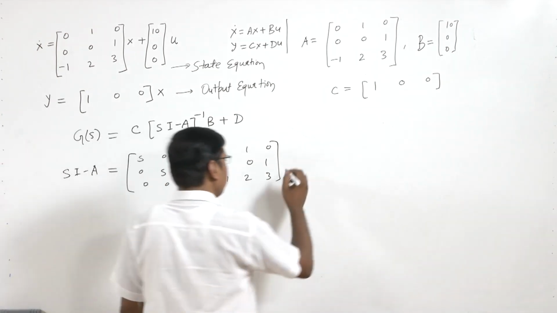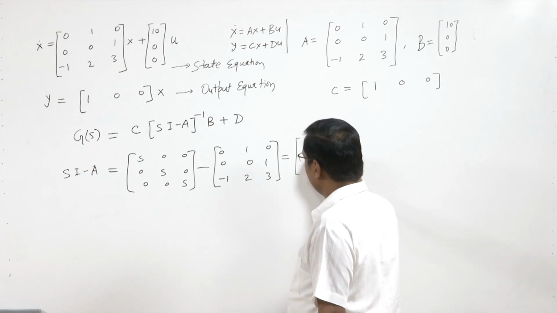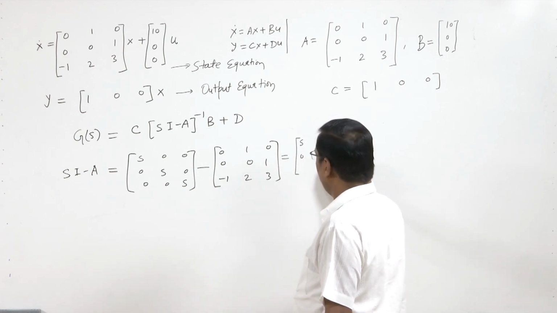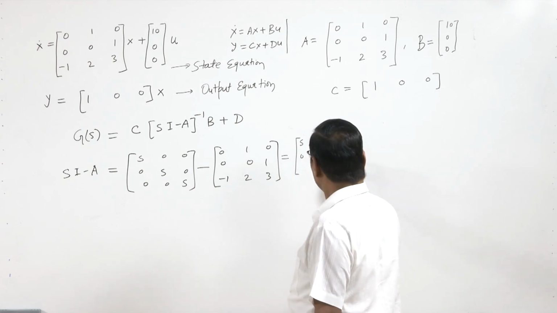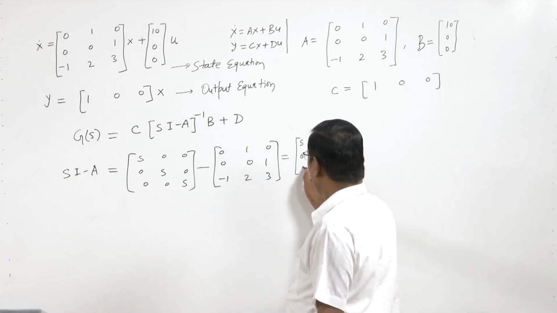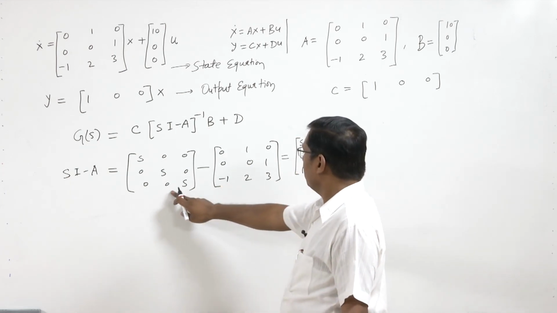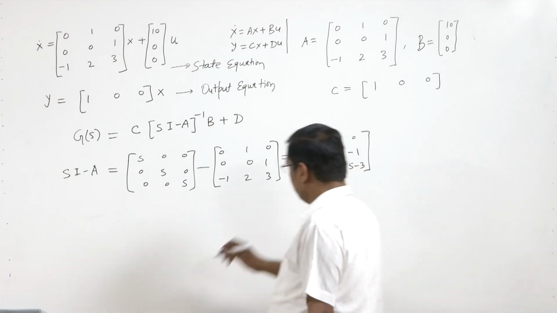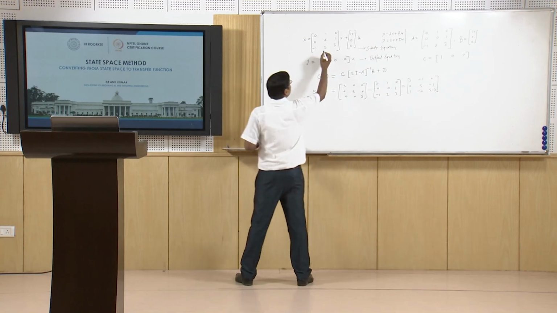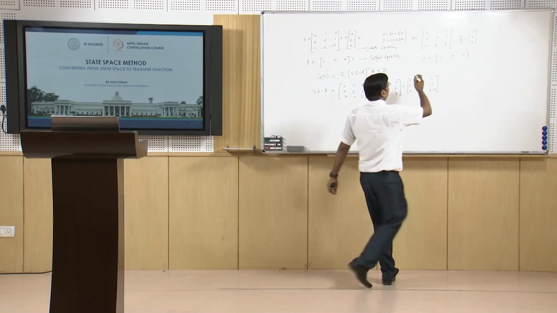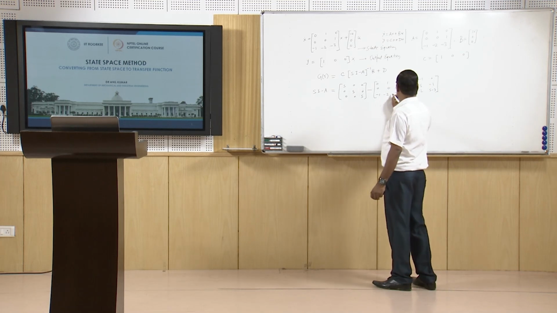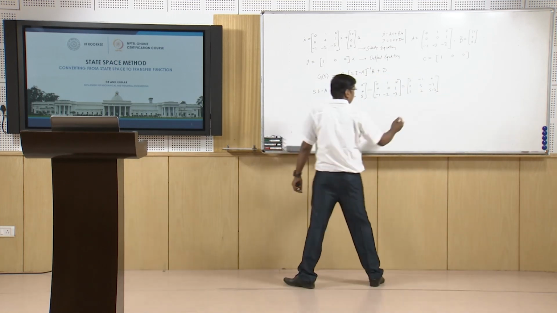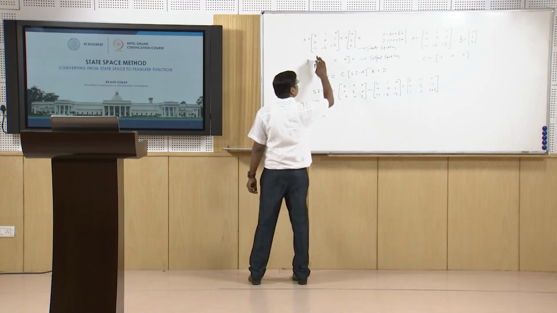So we will get sI minus A equal to s, minus 1, 0; 0, s, minus 1; 1, 2, and s plus 3. So there is a correction here.